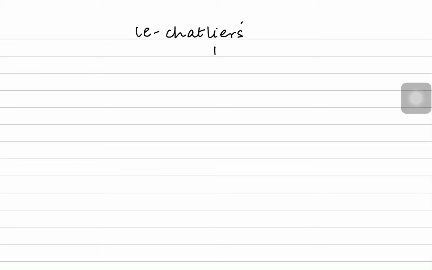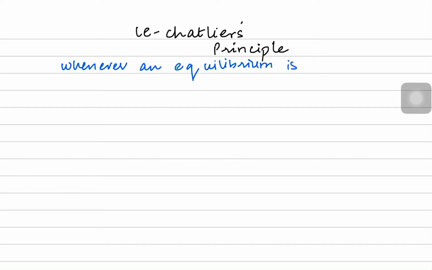In today's video we're going to continue reversible reactions and we'll study Le Chatelier's principle to see how equilibriums are affected. This principle states that whenever an equilibrium is disturbed, remember last time we talked about disturbing an equilibrium?